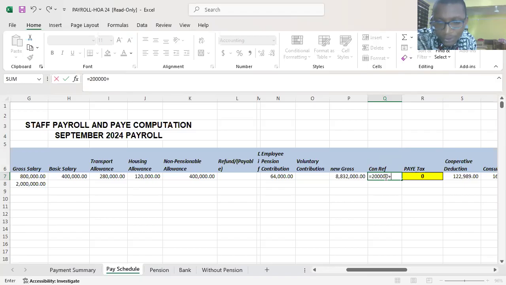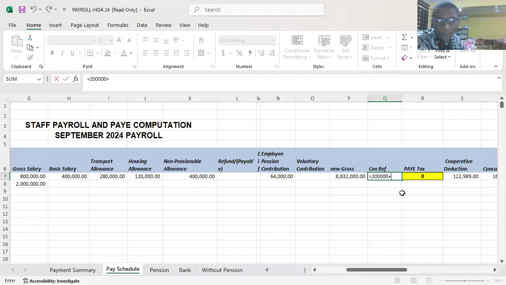Then plus, because 200,000 is always bigger than 1%, but not always, you are free to check to be sure if it is actually bigger or not. But in this case, 200,000 will surely be bigger than 1%. We've done that one before, so it should not be a problem.